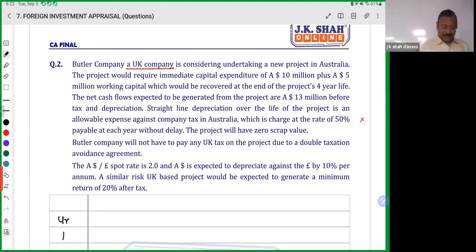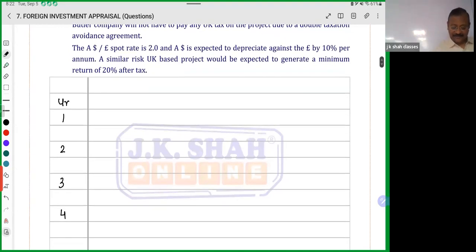Fine. Now in this, you will have one column which will be cash flows in Australian dollars, but you are going to evaluate this in pounds, using the exchange rate.